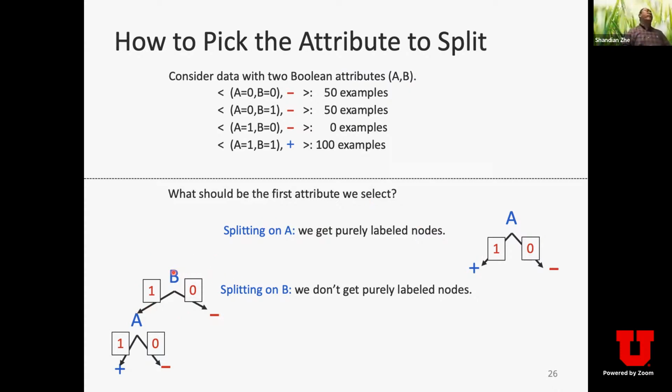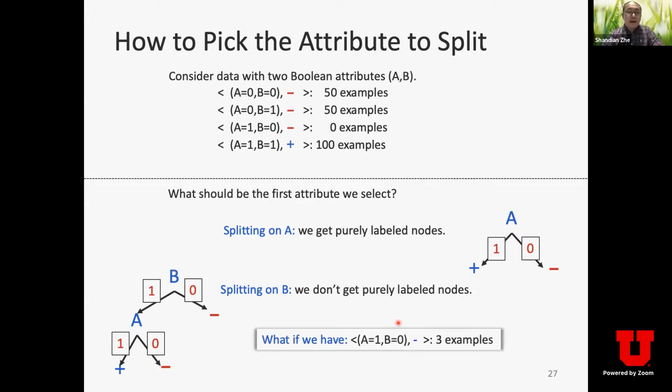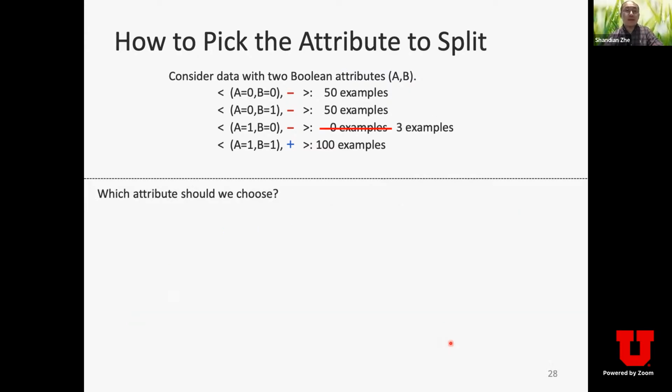But this is quite intuitive and straightforward. Now let us look at a slightly more complicated case. What if we have A is 1 and B is 0, but with three negative examples? In the previous case, we had 0 examples for A is 1, B is 0, but now we have 3 negative examples for A is 1, B is 0.